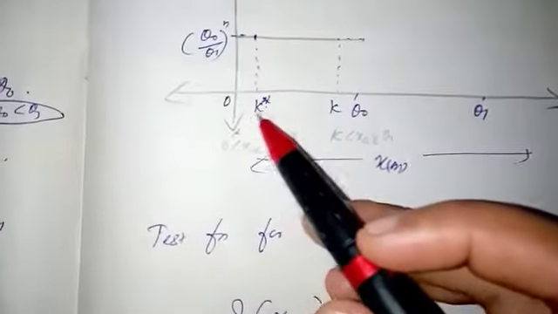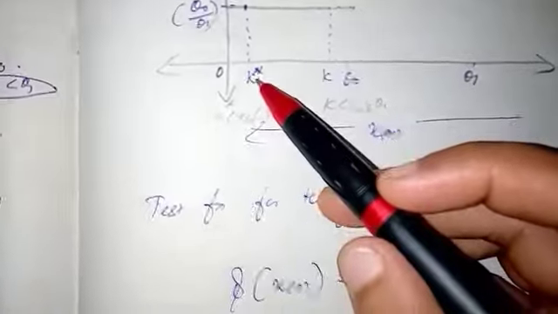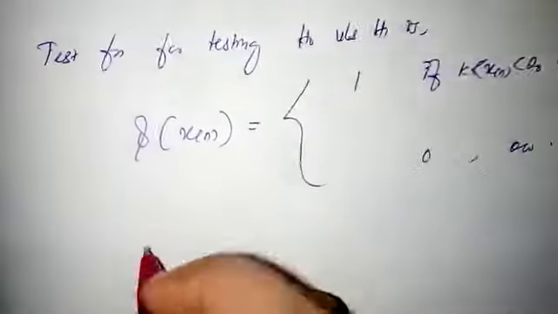Here is one more rejection region, based on k star. So we will write another function also.